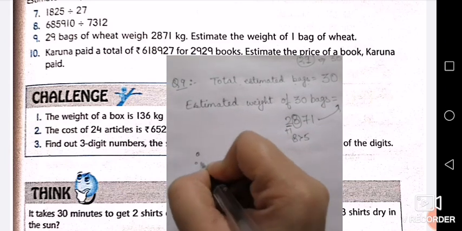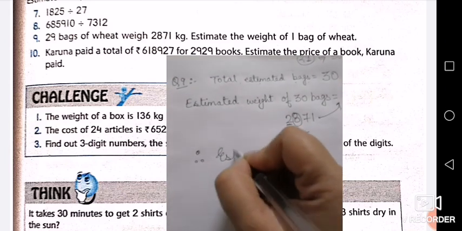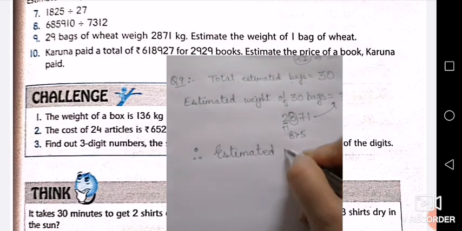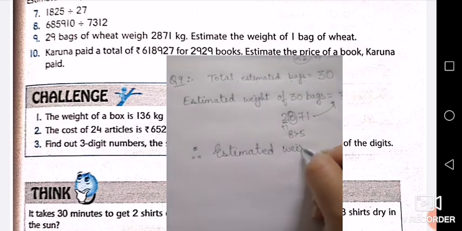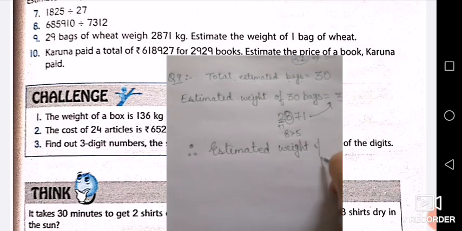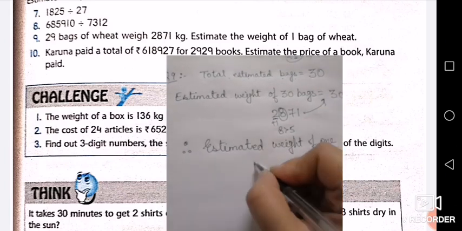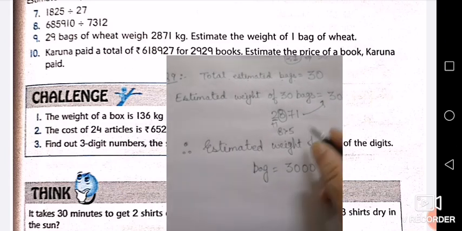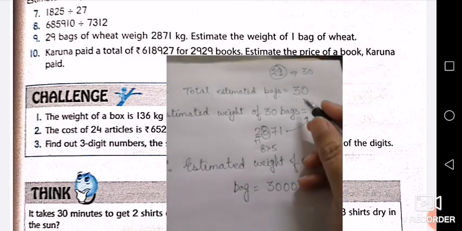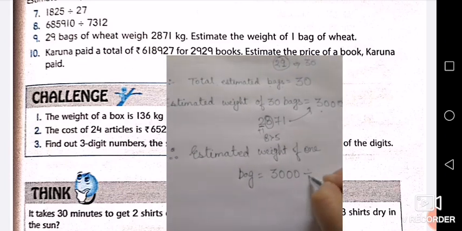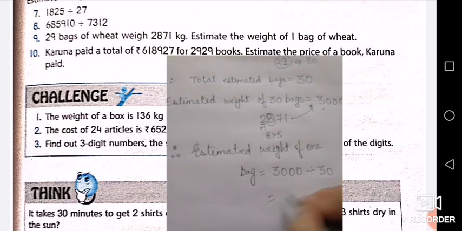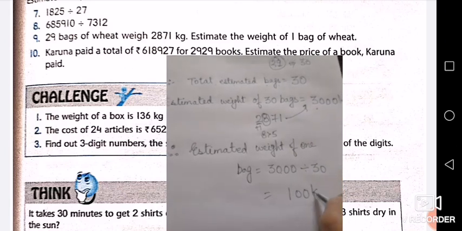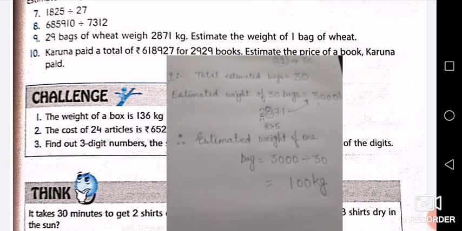So you will write, therefore, the estimated weight of one bag is 3000, which is the total weight, divided by the number of bags, 30. So that will be 100 kg.